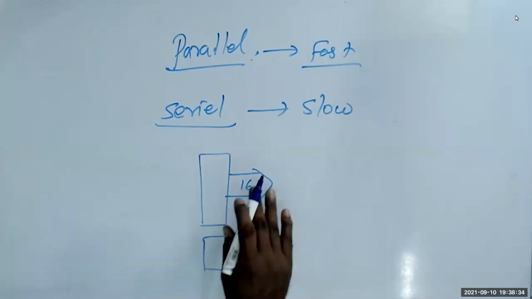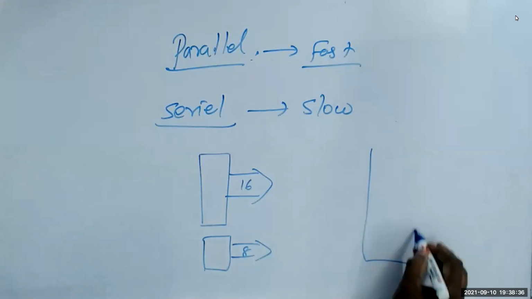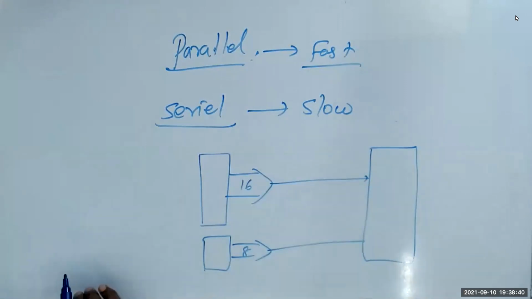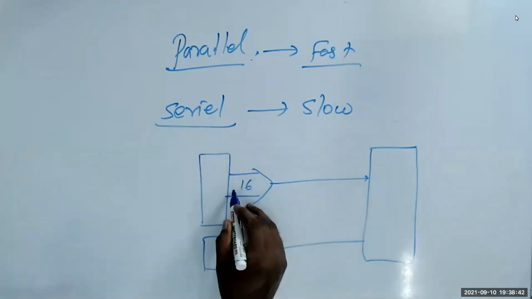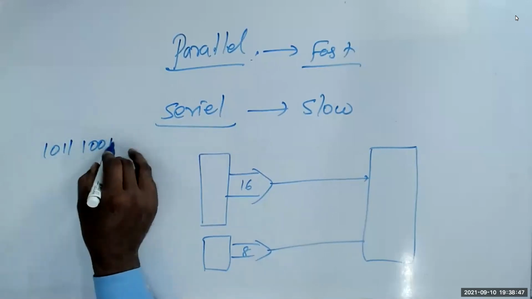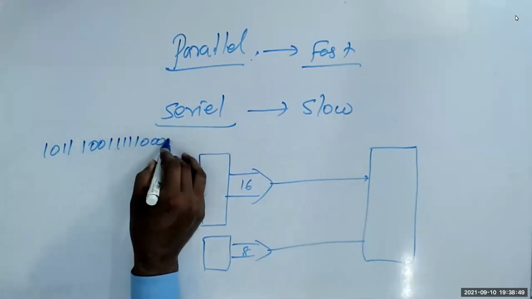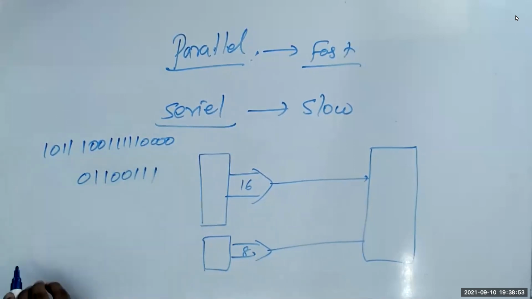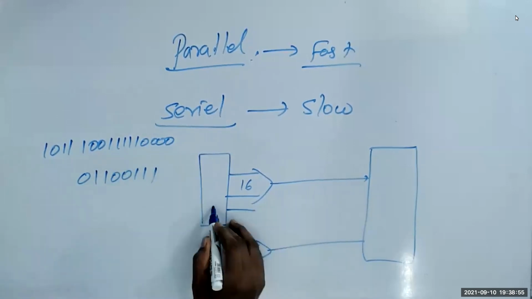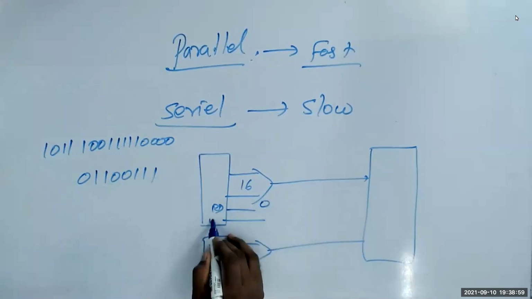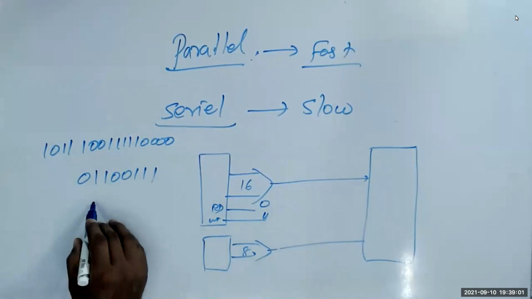I connect 16 wires and 8 wires to the device. Now, what will happen? I put the address as 1011 and the data, then I give read as 0 and write as 1, because I'm writing. So read is 1 bit, write is 1 bit.